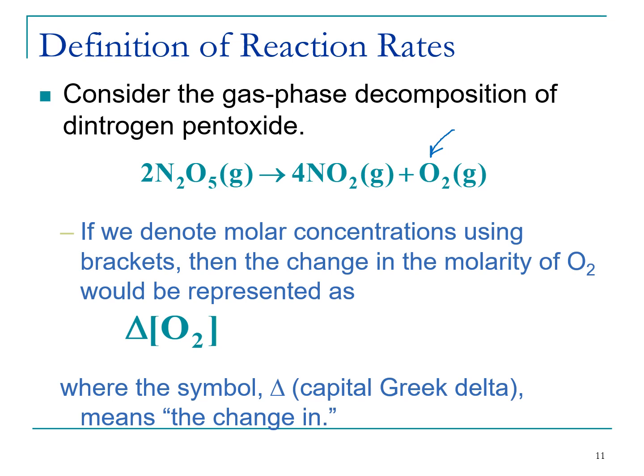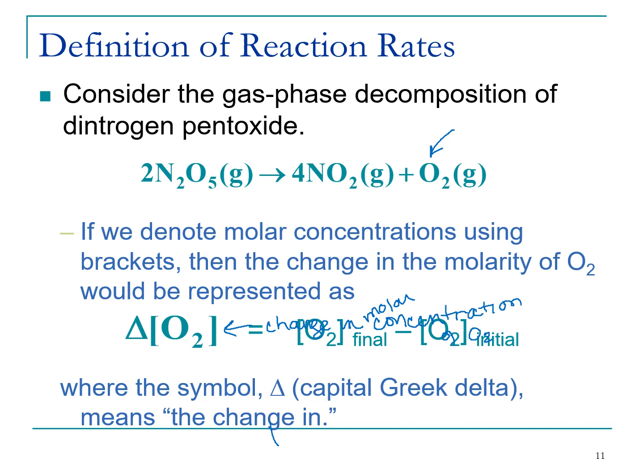Delta just means change in. So delta [O2] just means the change in the molar concentration of oxygen. Again, that's what that symbol means, the change in the molar concentration of O2.